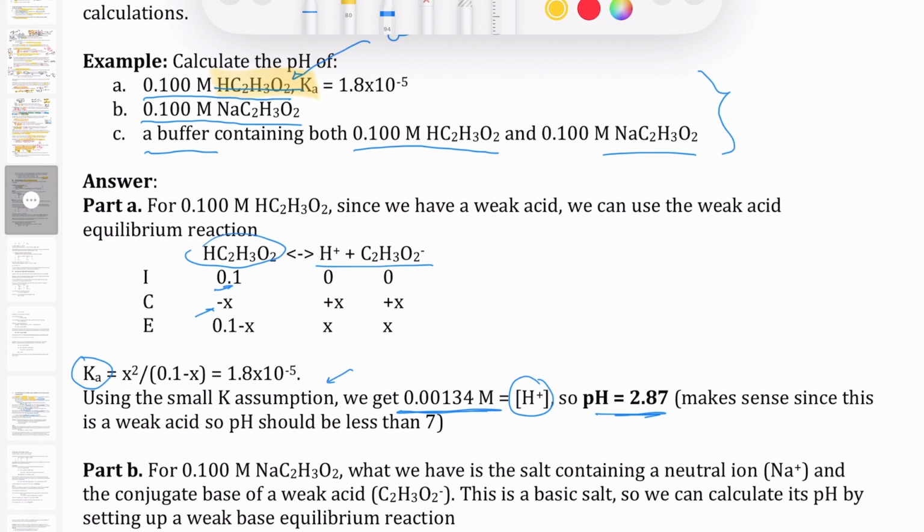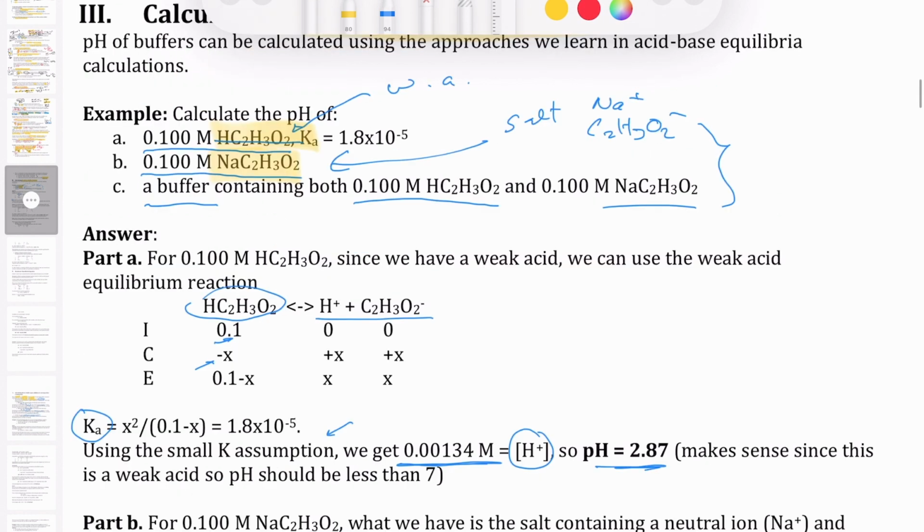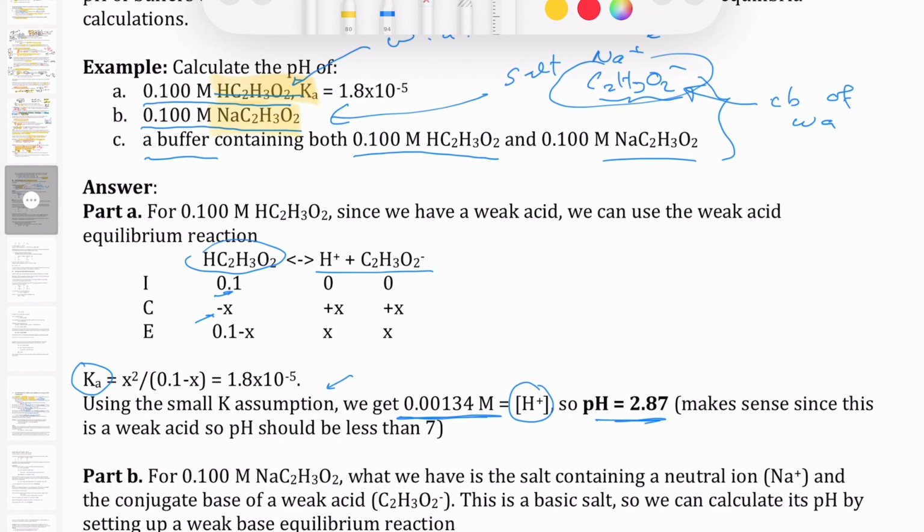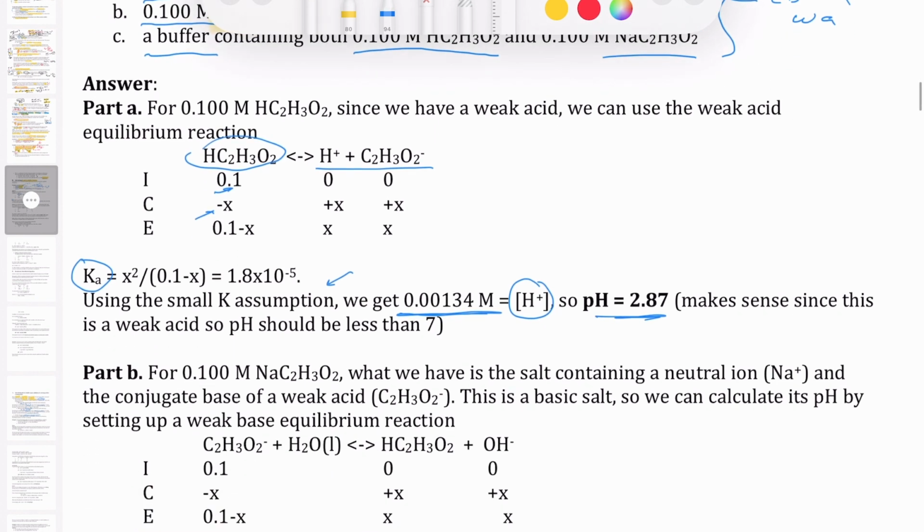Now, if you look at part B, we have sodium acetate. What is sodium acetate? It's a salt that breaks apart into sodium and the acetate ion. You remember our discussion about salts previously, that sodium is neutral and acetate is the conjugate base of a weak acid, which means that it's going to be a weak base. So we can calculate the pH by writing the weak base reaction with acetate as our base.